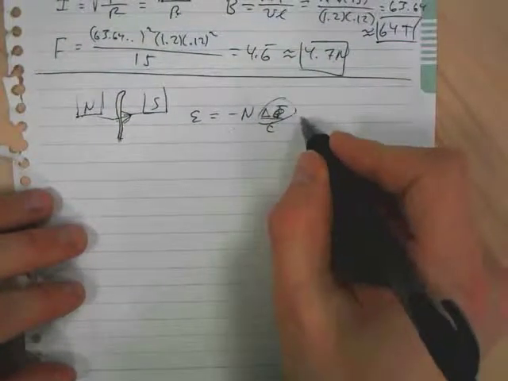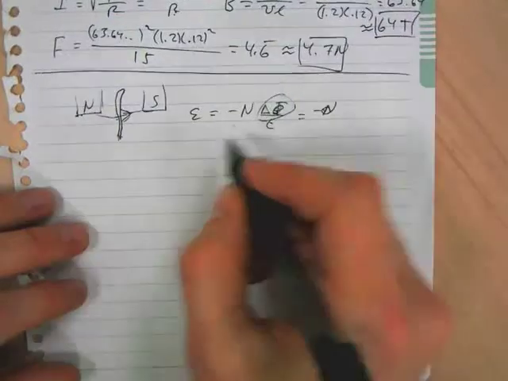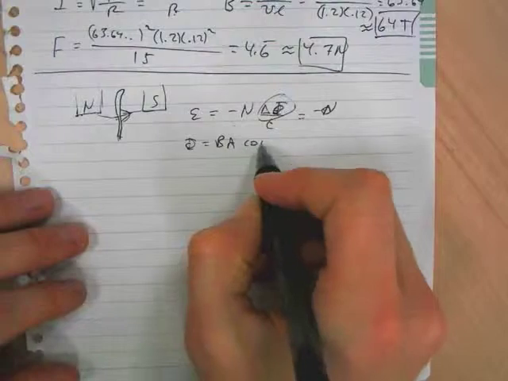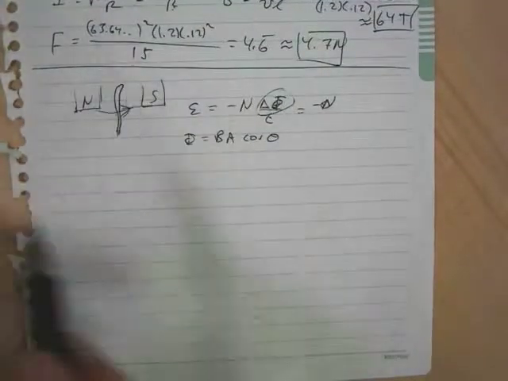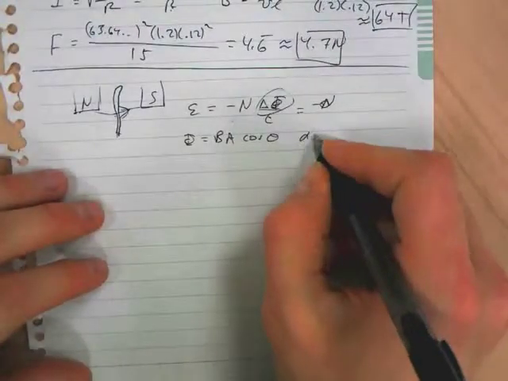So our flux is B A cosine theta, where theta is the angle between the normal to the loop and the B field.